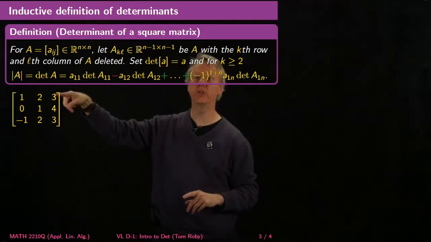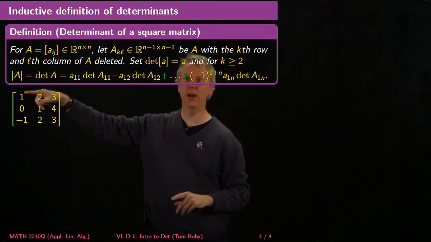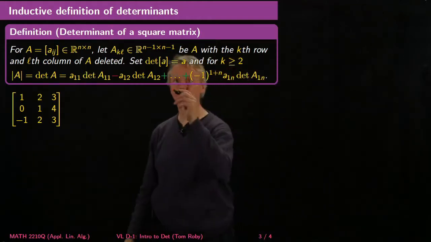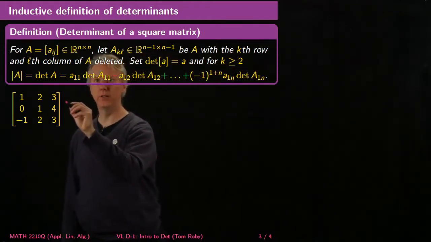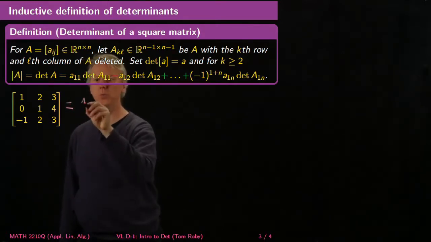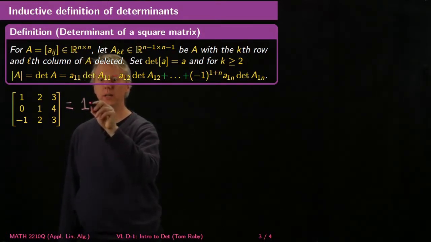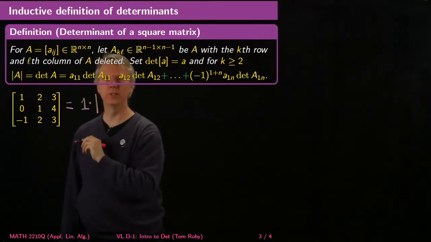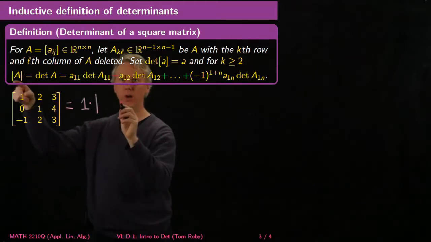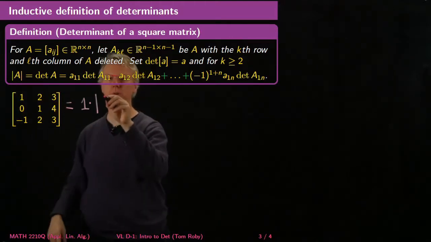And then you add 3 times what you get when you delete that row and the third column. So let me write that out explicitly for you so you can see what's going on. By definition, this should be equal to 1, that a11 entry, times, I'll write the determinant just like this because it's a little bit cleaner, the determinant of the matrix where I delete this row and the first column, so it's 1, 4, 2, 3.